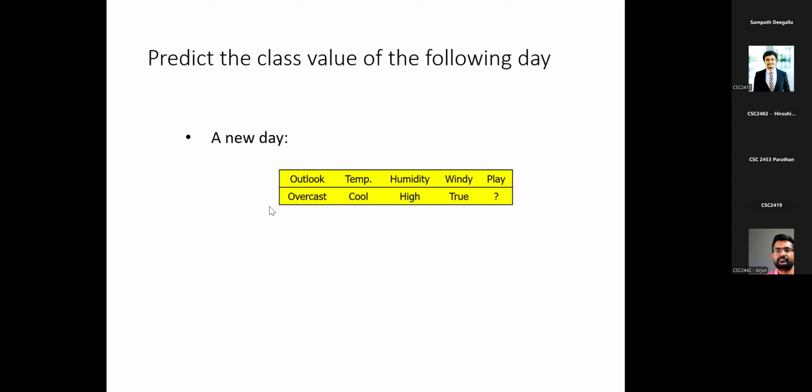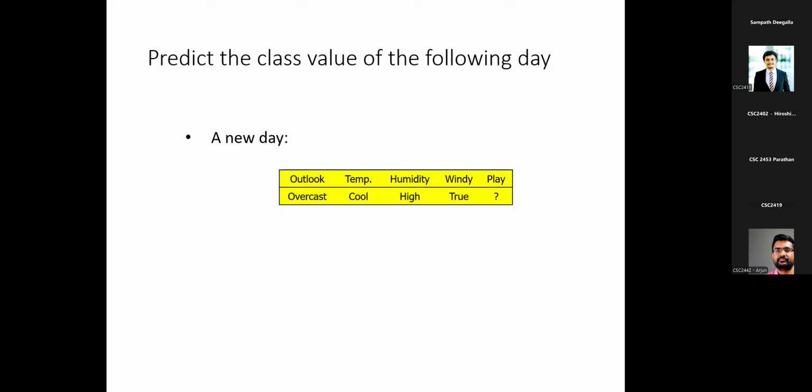Now, what about this day? Can you take down this one? Then I'll go back to the probability values. I want you to try to calculate the probabilities, following the same things that we have seen earlier.